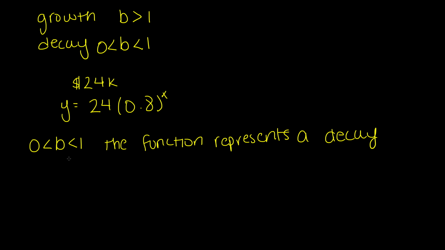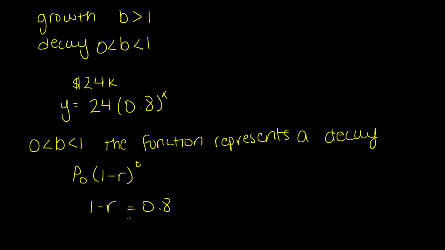The second thing we want to look at is what was our rate of decay? We know that this is a decaying function, but what is our rate of decay? Remember back with the population, we have the initial amount, I'm going to say just P-naught, and then we had 1 plus or 1 minus. In this case, because we are working with a decay, it's 1 minus our rate. So 1 minus my rate had to equal 0.8 so that we could get this 0.8 as our base.